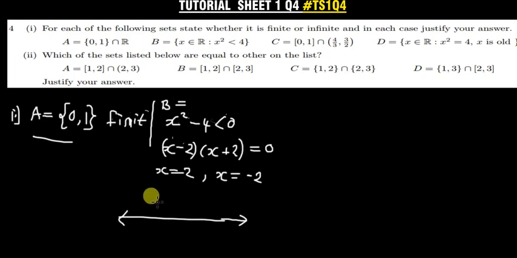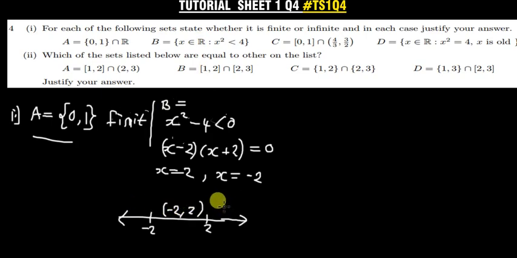So we can put our negative 2 here, then we can put our positive 2 there. Here the numbers will be between negative 2 and 2, since we've been told this set is a member of real numbers.